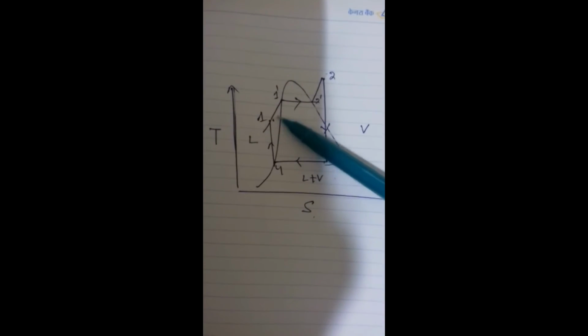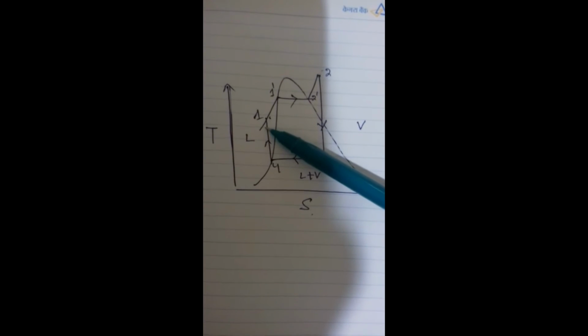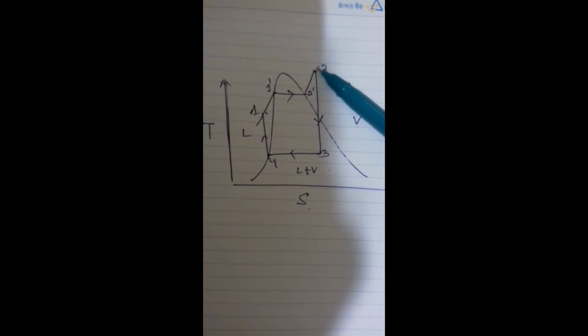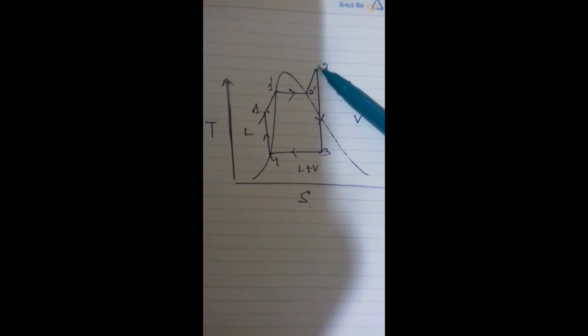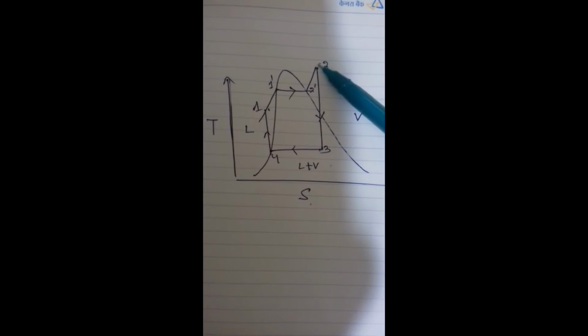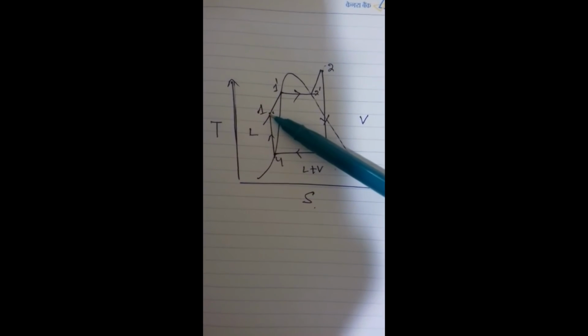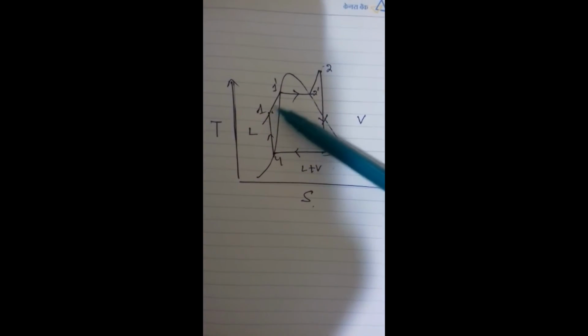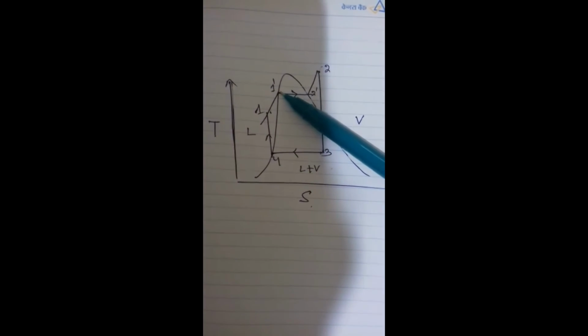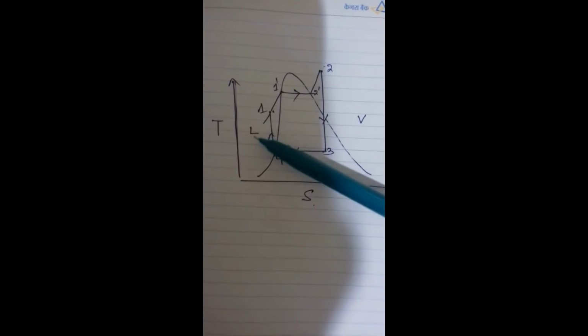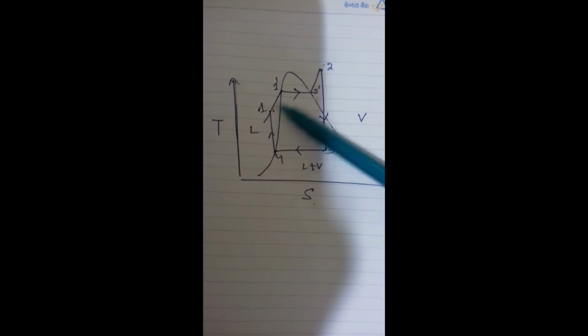So let's see the 1 to 2 boiling process. The 1 to 2 curve shows the constant pressure boiling in the boiler, in which first from 1 to 1 dash, sensible heating of the liquid water takes place.